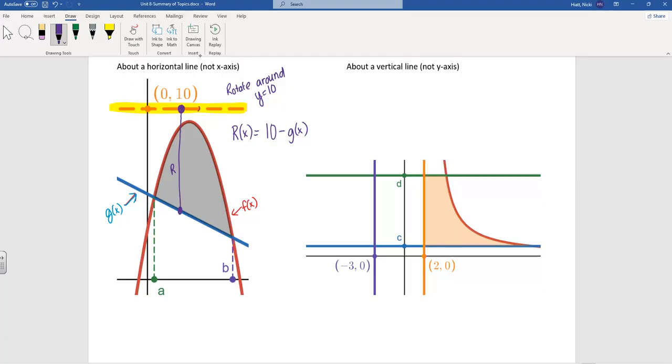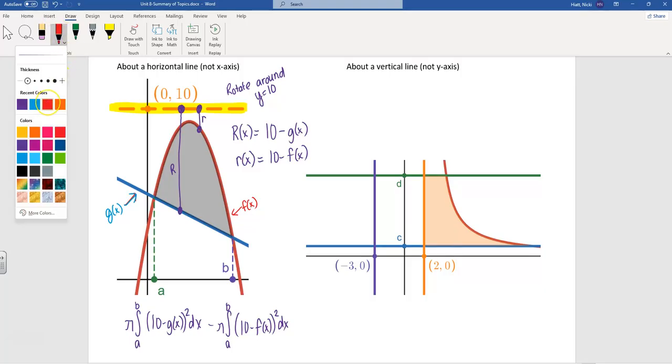Then you will go, line you're rotating around to the inside, the closest function, that's your lowercase r. R of x would be 10 minus f of x on this one. So we would have pi integral from a to b of 10 minus g of x squared minus pi integral from a to b of 10 minus f of x squared.